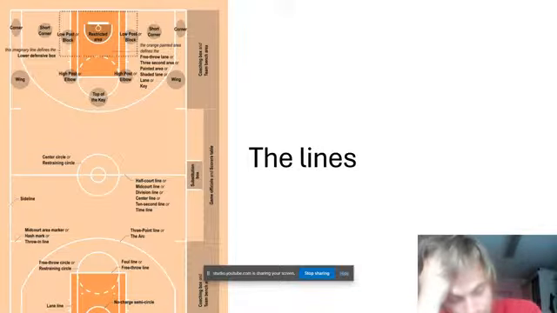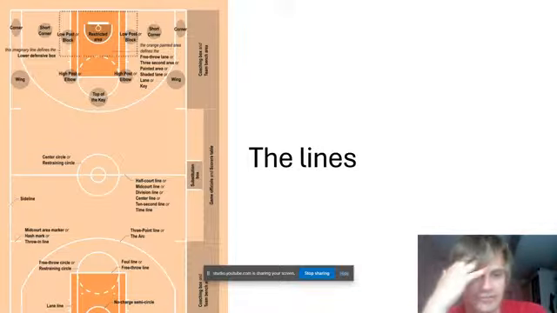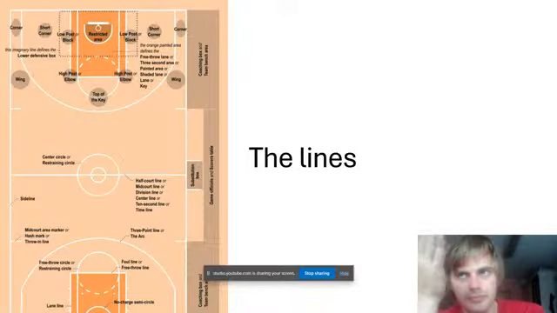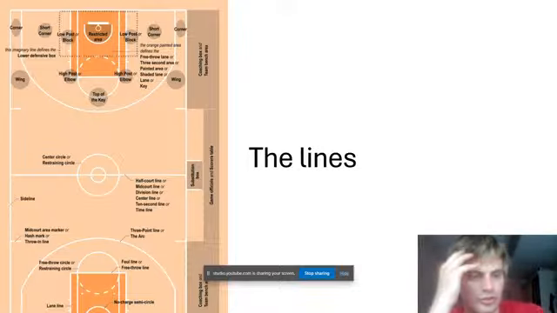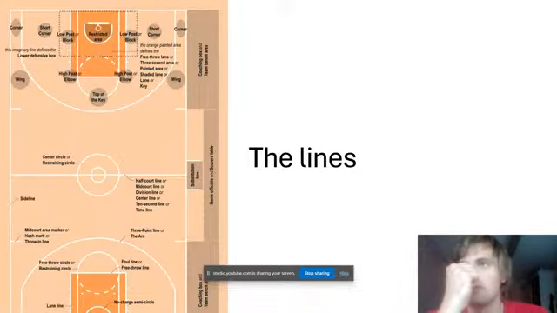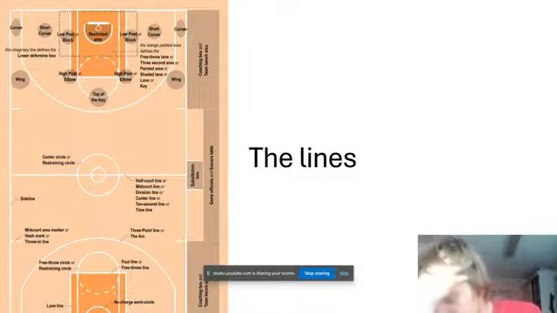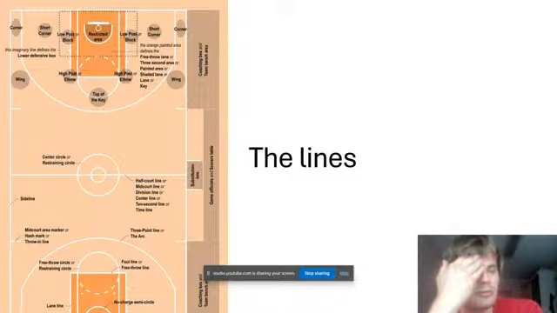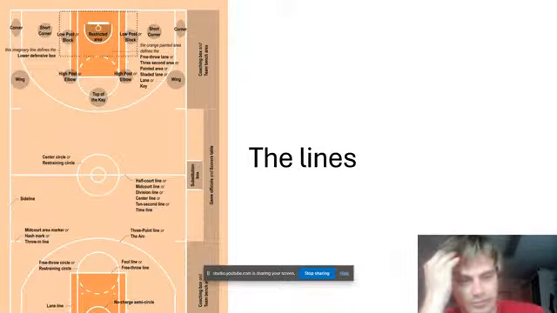Here we have a center or restraining circle, which is where the game starts, when the referee throws the ball upwards, and the players need to be the first ones to reach the ball and pass it to their teammates.